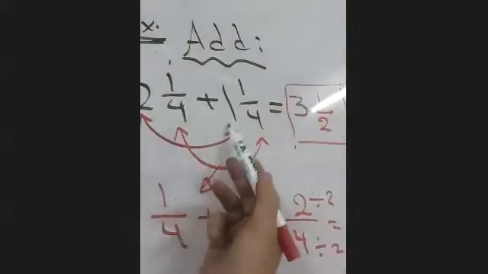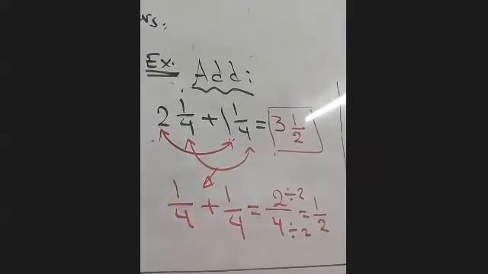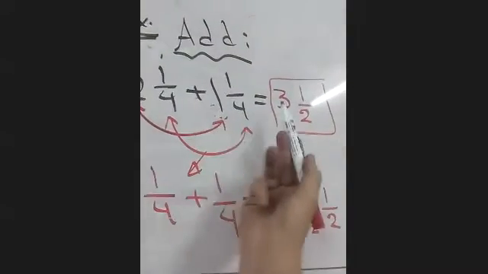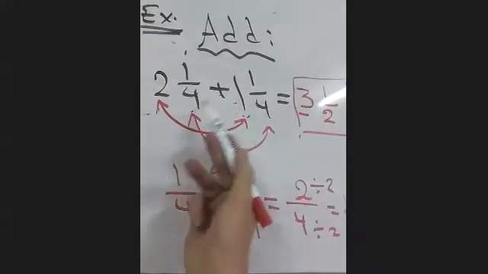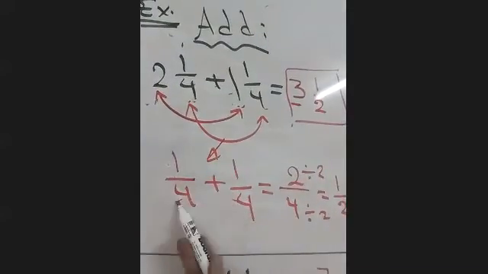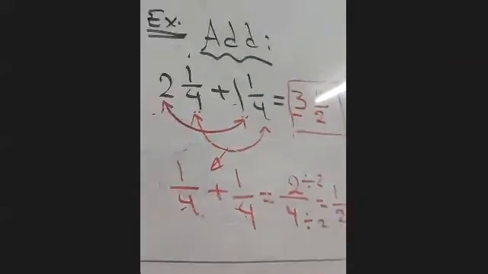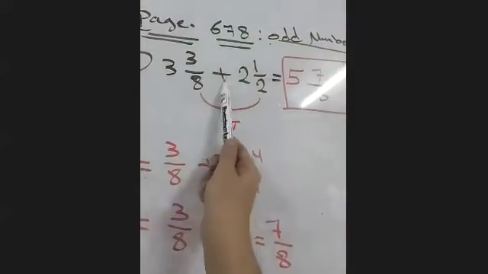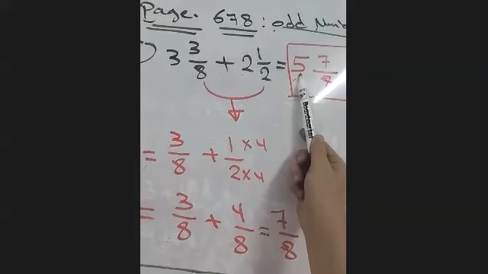First we add the whole numbers. Is this difficult, Isa? No. 2 plus 1 is how much? 3. Then we add the fractions. Do you know how we add the fractions? Yeah. Here, 3 plus 2, how much? Equals 5.